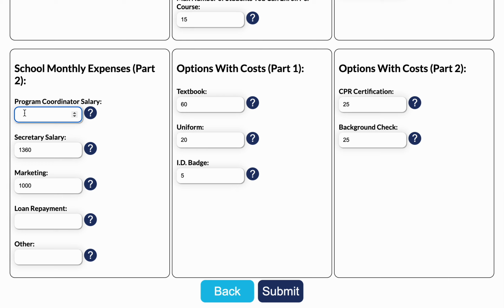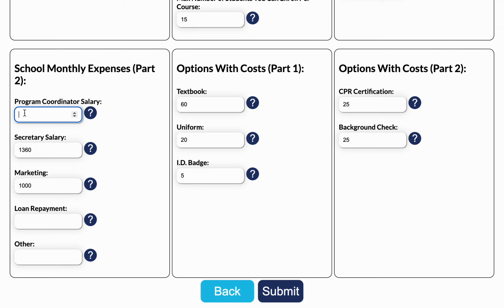The program coordinator is the person overseeing the implementation of the program, how it works, who's doing what, and making sure you're following rules, regulations, and laws. The program coordinator can be completely full-time, or a person you pay to come in and audit documents three or four times a month.